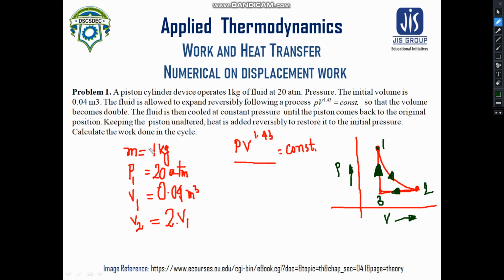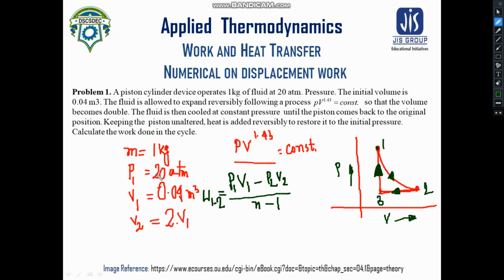Okay, now let us start with the first process. I have just discussed it. The work done in a polytropic process follows this formula: (P1V1 minus P2V2) by (n minus 1). So this is the work done for process 1 to 2.